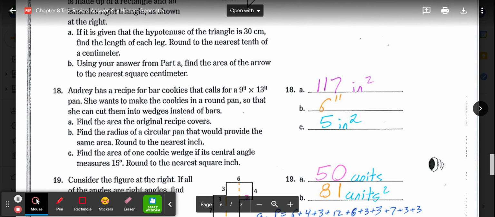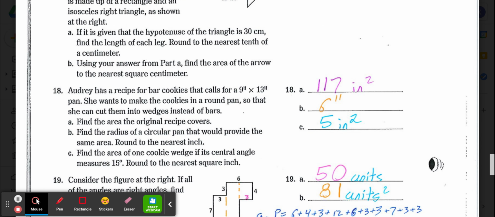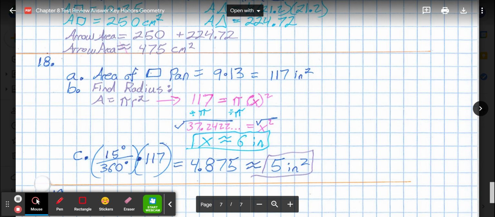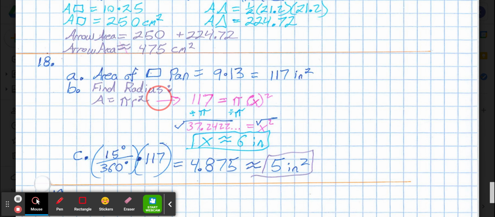So in B, they want us to find the radius of a circular pan that would provide the same area, rounded to the nearest inch. So let's go down and look at B. So in that case, my area of the pan, area being covered, 117 inches squared. So we're going to use the area of a circle, pi times radius squared, to work backward to find the radius.